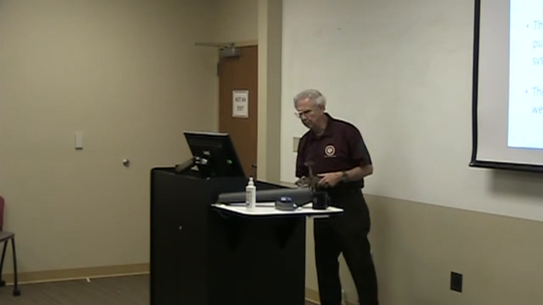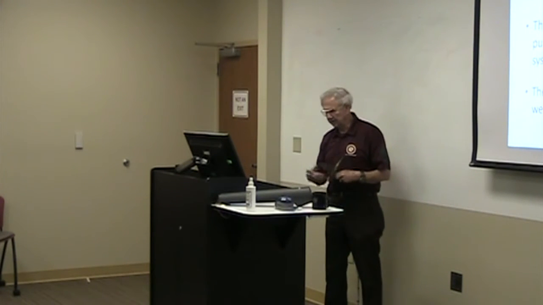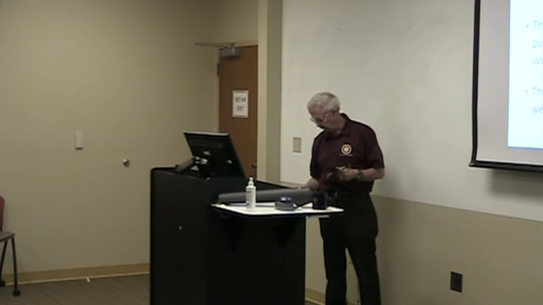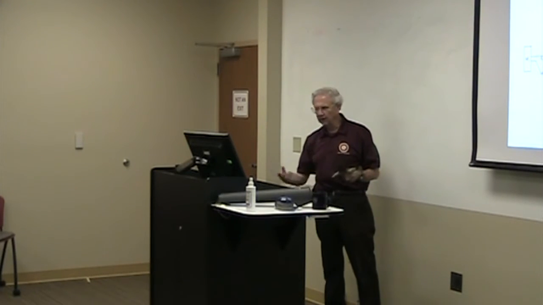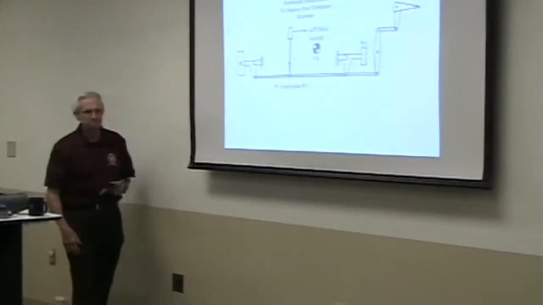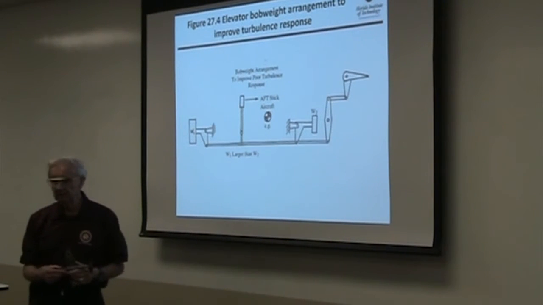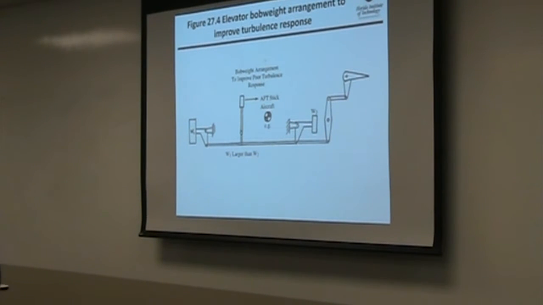Here's the 2 drawbacks. Stick pumping, feedback into the control system in rough air, and second one, of course, is added weight. We don't like to add weight. Here's a way to possibly fix that. And this sort of thing was used on airplanes like fighters in World War II.